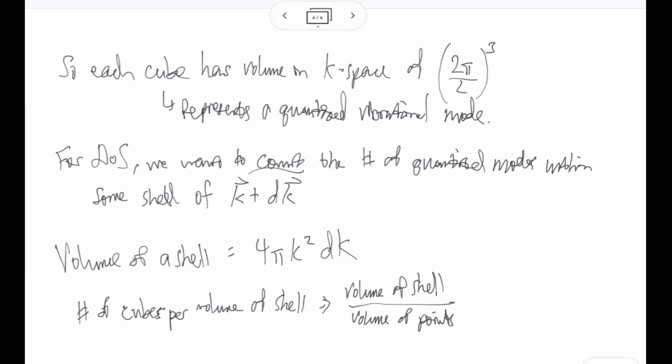That's how many points I can fit into that shell. So that would be 4 pi k squared dk, that's what we just derived, divided by 2 pi over L cubed, which is 2 pi cubed divided by L cubed.